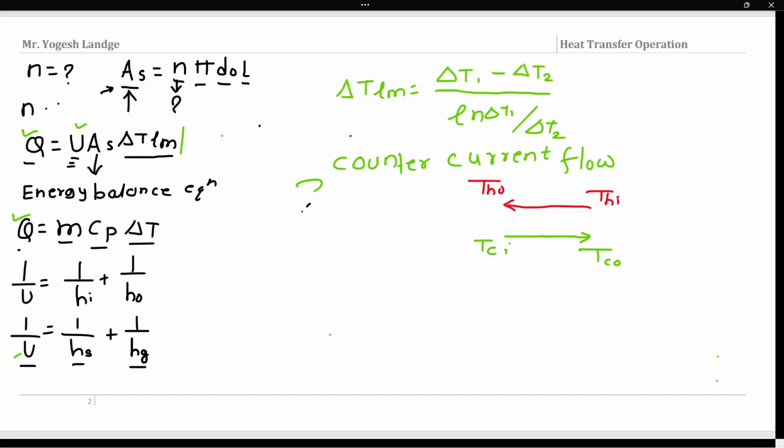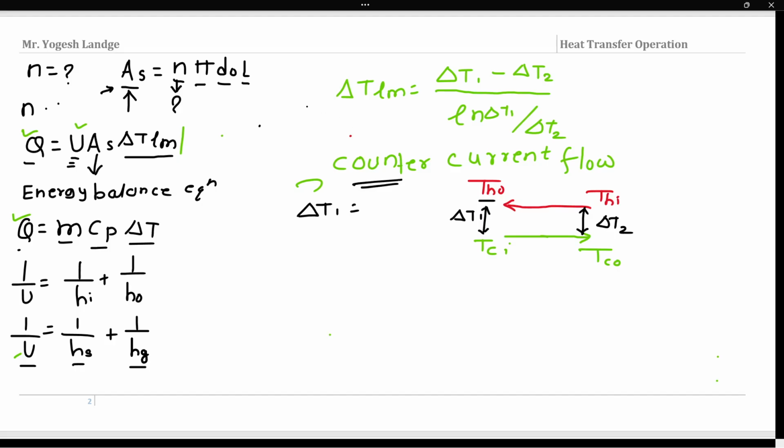So I can write the delta T is what? Delta T1 I can write. This is this minus this one. So this is delta T1 and this is delta T2. So we get the value of delta T1 and delta T2 from this equation, as the flow is counter current one.